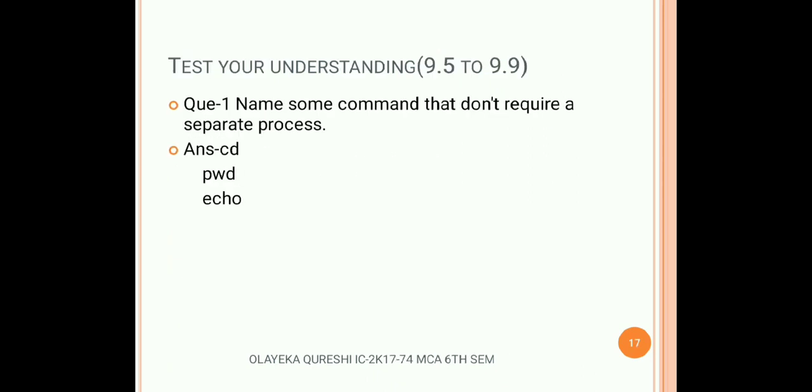Next slide is test your understanding or some question answers, which is from chapter number 9, the process. First we have to understand what is a process. A process is a Unix abstraction that enables us to look at files and programs in another way. A file is treated as a simple file when it lies in a dormant state on disk.